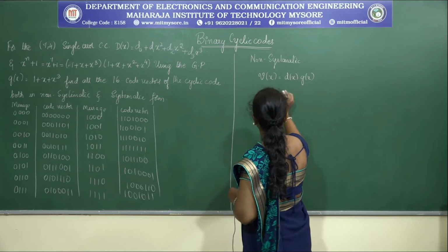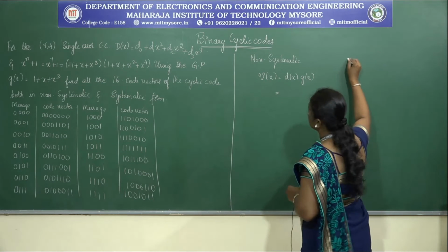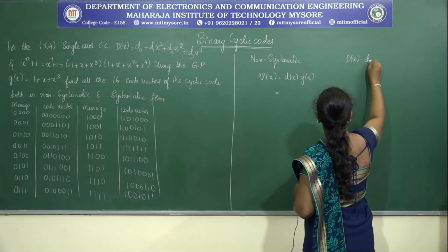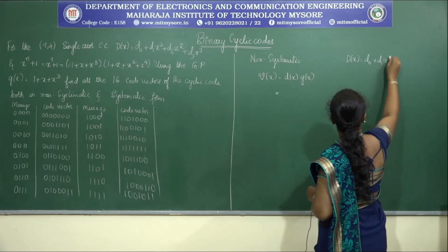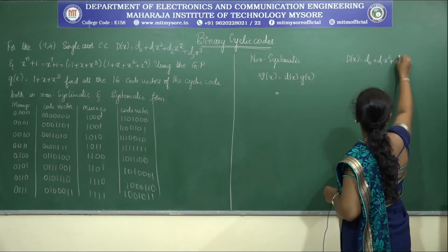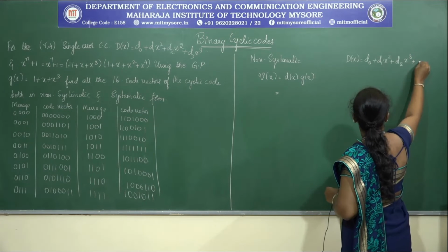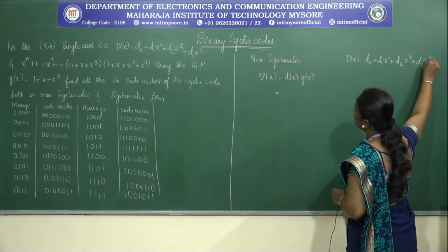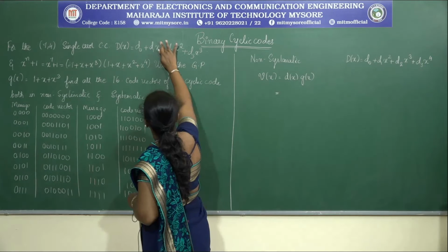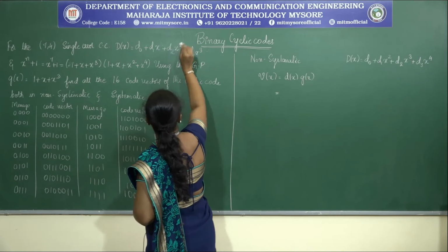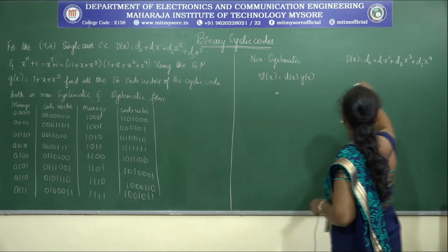Your d of x is d0 plus d1 into x plus d2 into x square plus d3 into x to the power of 3.